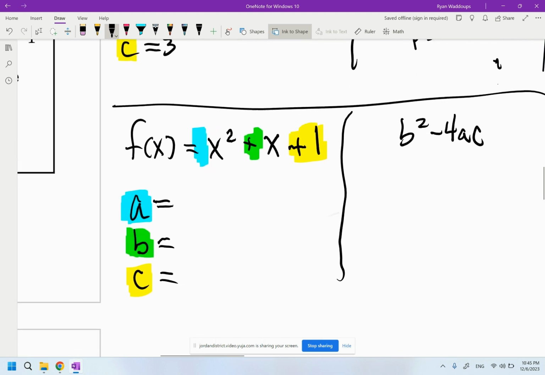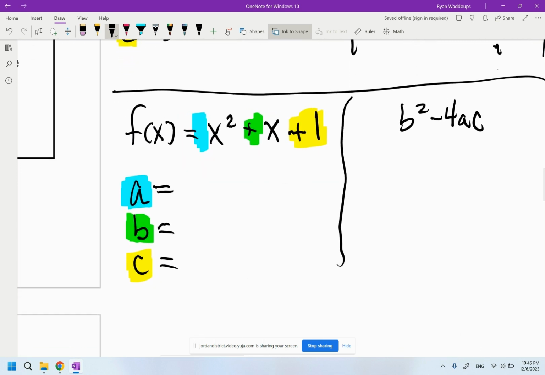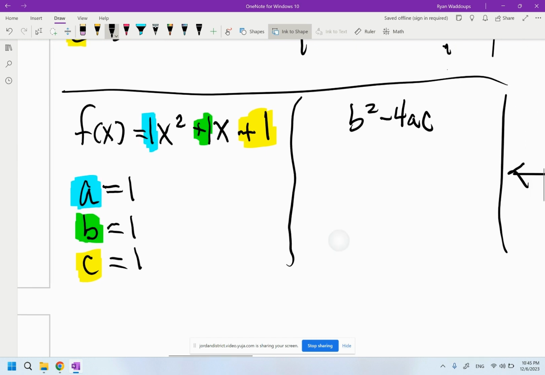Okay, and then finally over here, and notice on this one, there's nothing in front of x squared. Remember that if there's no number in front of that variable, there's always a 1 there. And so A equals 1. B doesn't have a number. Again, we can put a 1, so B is 1. And C, well, C is also 1, so I put 1. Now, I've got the values 1, 1, and 1 here.